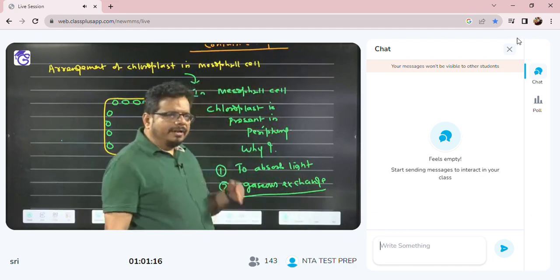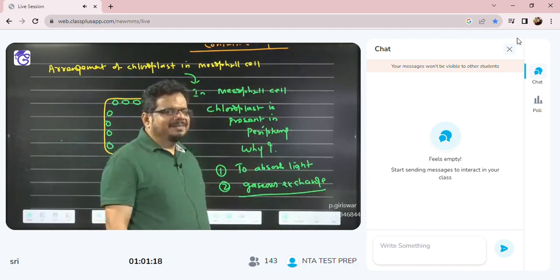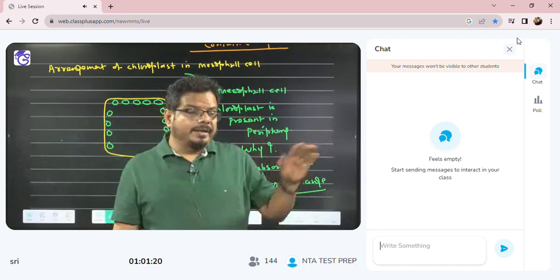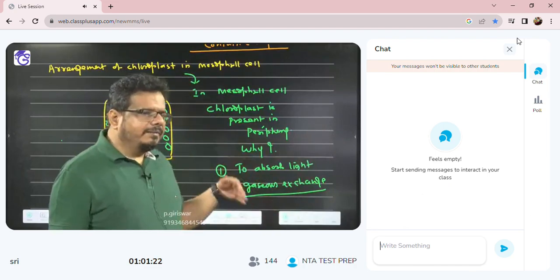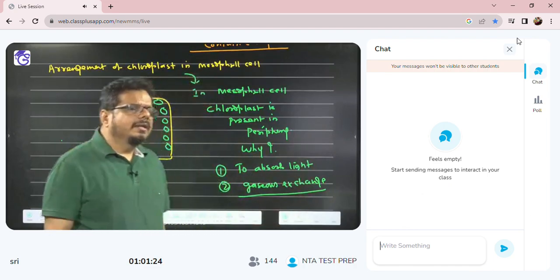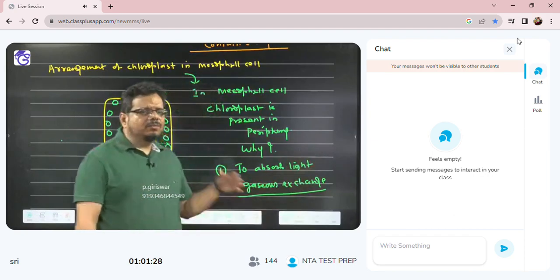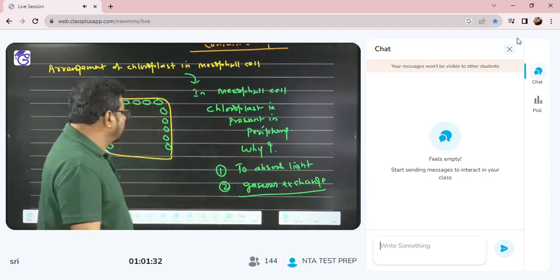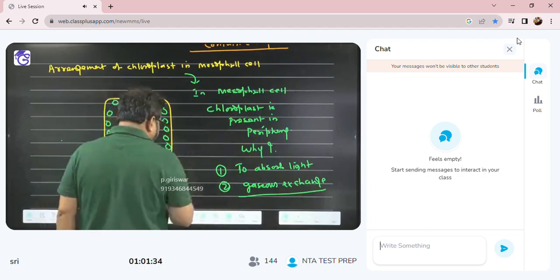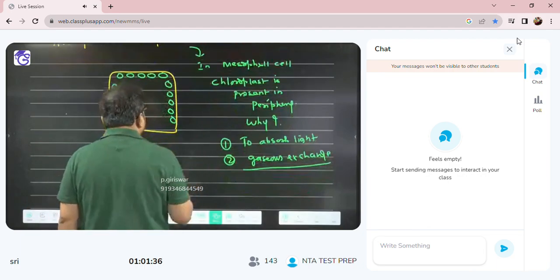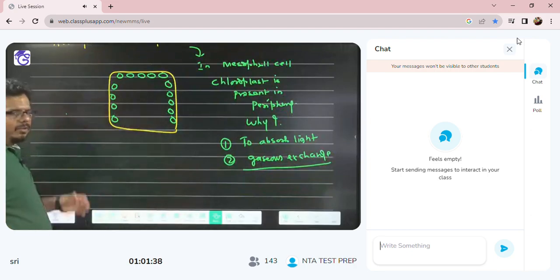So you go near the door or window, right? You get light and air also. So in the periphery, availability of light is more, and gaseous exchange also occurs easily with the atmosphere. That is the reason chloroplast is arranged in the periphery in the mesophyll cell. Did you get the idea?